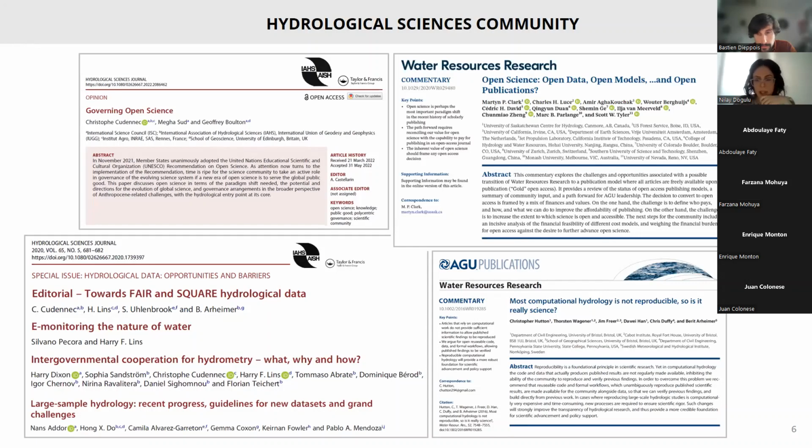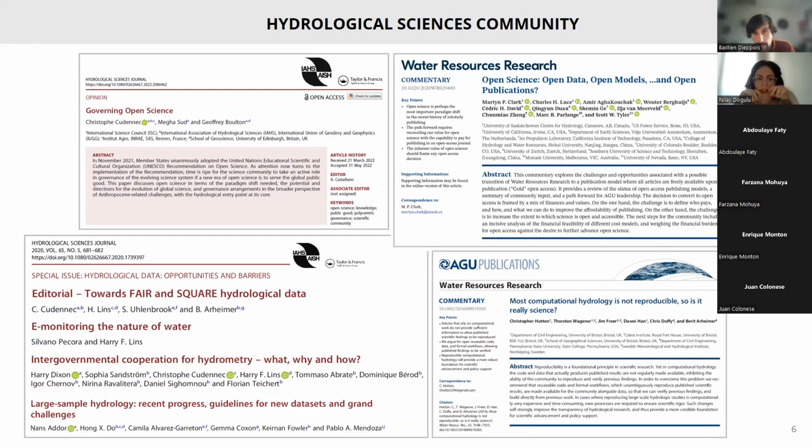I hope you are familiar with IHS. And this special issue looked at data, hydrological data. And more recently, this year, we had two key papers. One of them is by the editors of the Water Resources Research journal by AGU, and they provide a nice discussion on the current status and the future steps for open science in the publishing landscape.